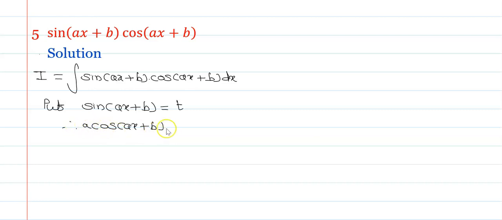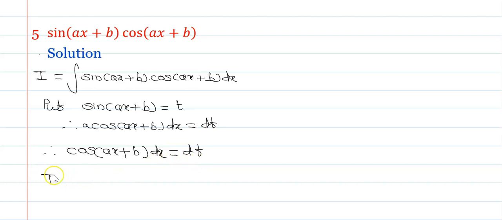So I will write here: into a dx is equal to dt. Therefore cos of (ax plus b) into dx is equal to dt upon a.